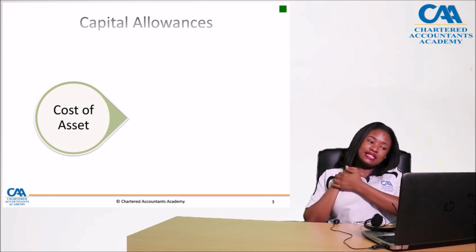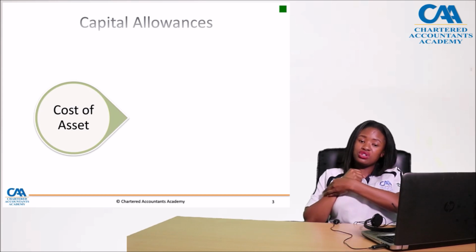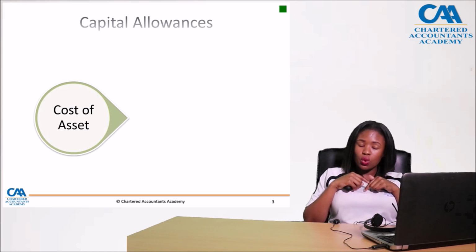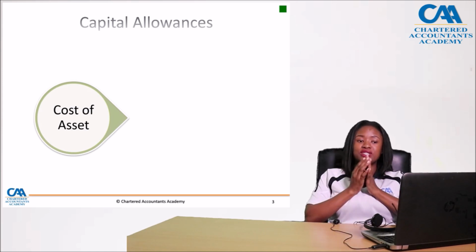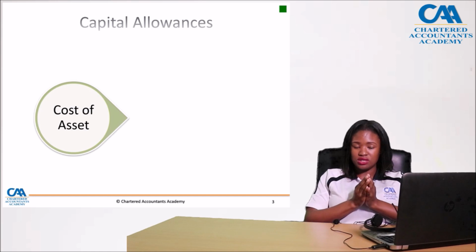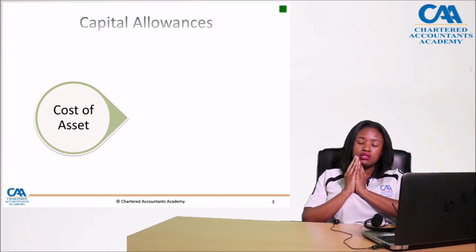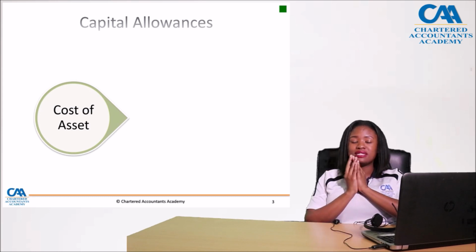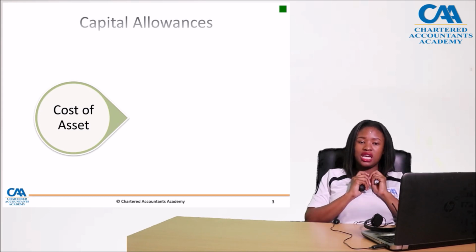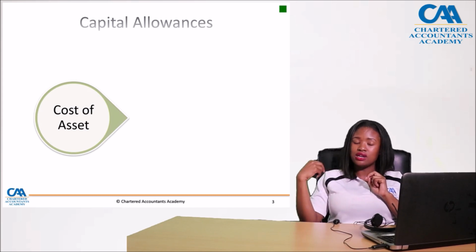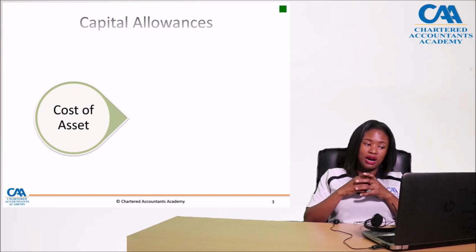Basically in tax, the cost of an asset includes all the costs which led it to be in a position where it can be used. So if you incurred transport costs and if there were certain modifications that needed to be done for you to be able to use that asset, then these are included as part of the cost of the asset.